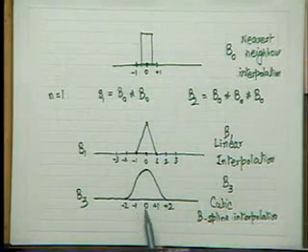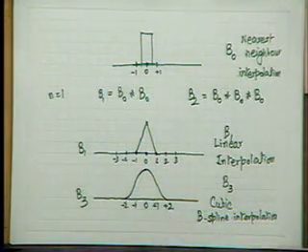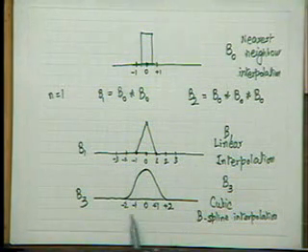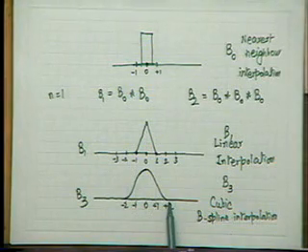In this case the total span is 1, 2, 3, 4, 5 pixels, or rather an interpixel distance of 1, 2, 3, 4, correct.